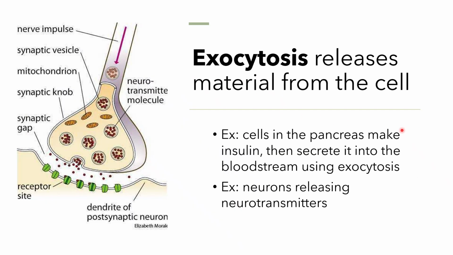Now, exocytosis also is how we take neurotransmitters and release them from our neurons. So this right here is a neuron, the end of a neuron, one of our brain cells. And inside are little vesicles filled with neurotransmitters.